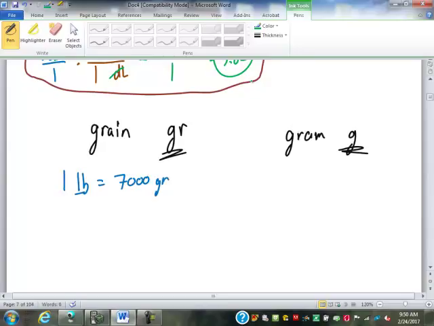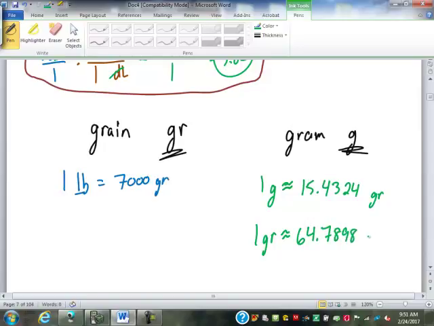The problem was the conversion was not very clean. 1 gram turned out to be 15.4324 grains. And that's approximate. That's still rounded off a little bit. 1 grain turned out to be approximately 64.7898 milligrams.